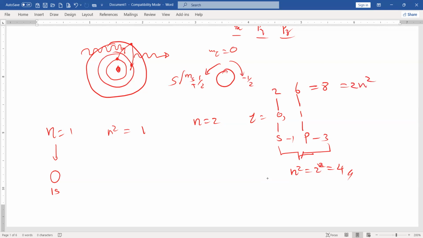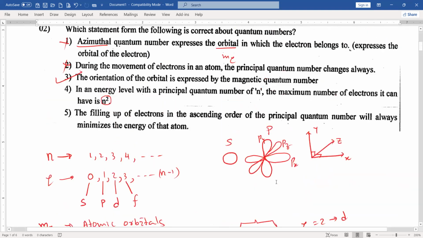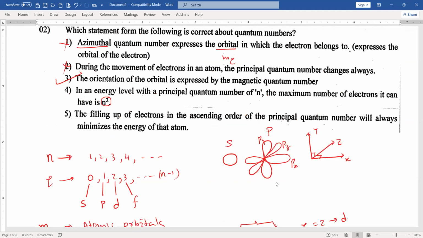So 2 times n squared is the number of electrons in a given main or principal energy level. Therefore, this is wrong. This is not the maximum number of electrons. That is the maximum number of atomic orbitals. So this is wrong.